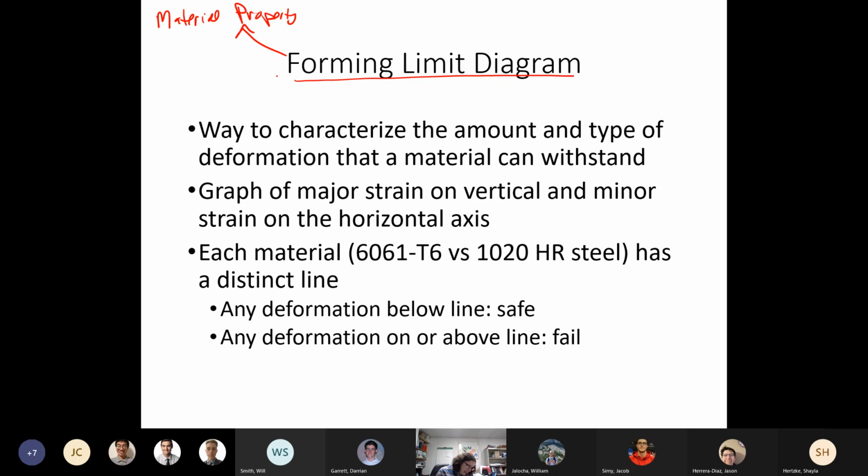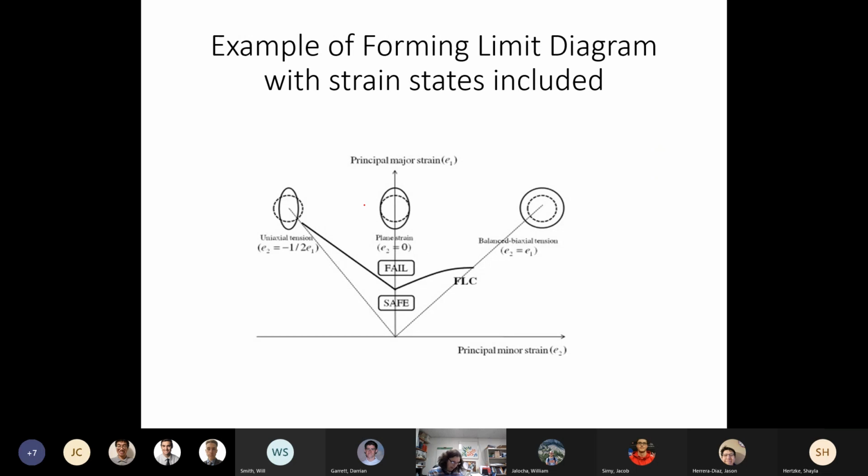So the forming limit diagram for a particular material is essentially the property itself. It is a graph of the major strain on the vertical and the minor strain on the horizontal. And when we look at this, we have something that looks like this.